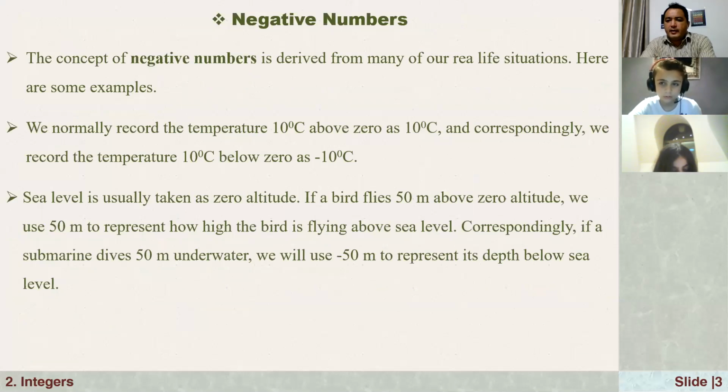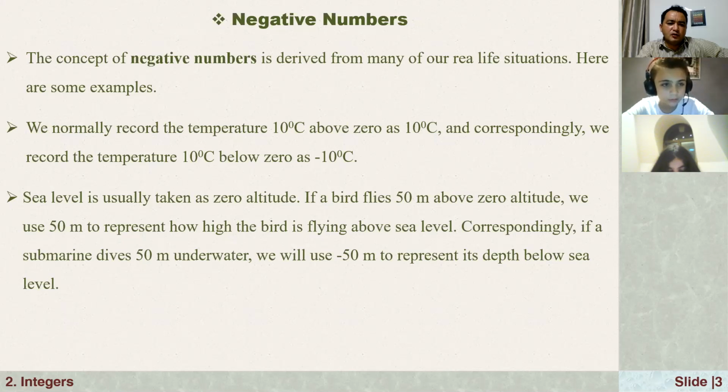How about now? Now I see. Okay. 10 degrees above 0 as 10 degrees and correspondingly. Okay, Ibrahim, let me, Salim, you continue.